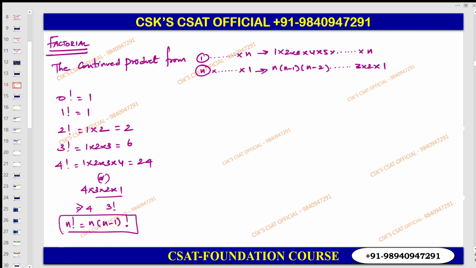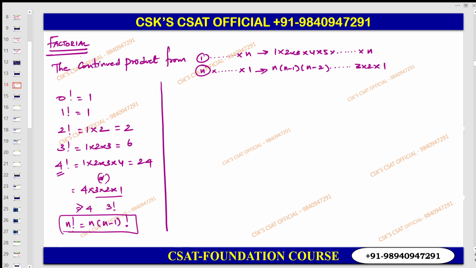Here n is equal to 4, so we are reducing it in the format of n into n minus 1 factorial. This is one property, more than sufficient with respect to the very basics of the factorial.